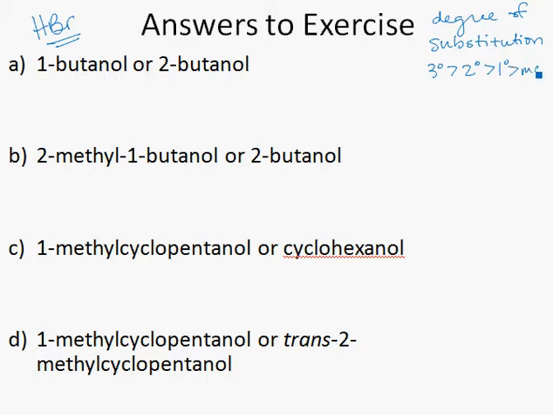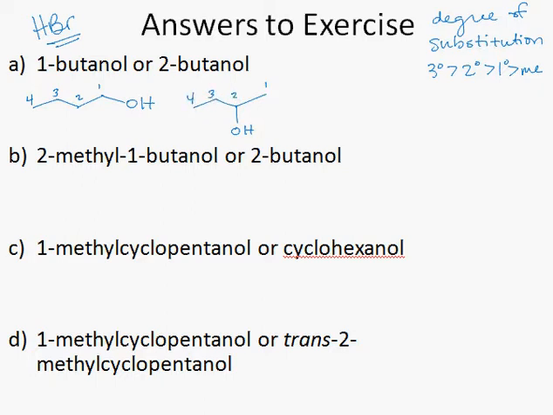So we first have to draw each of these. So 1-butanol has 4 carbons and an alcohol group on carbon 1. 2-butanol has 4 carbons and the alcohol group on carbon 2.